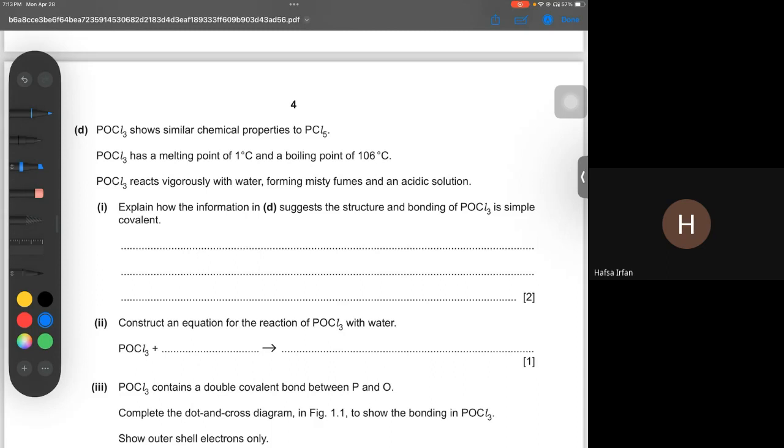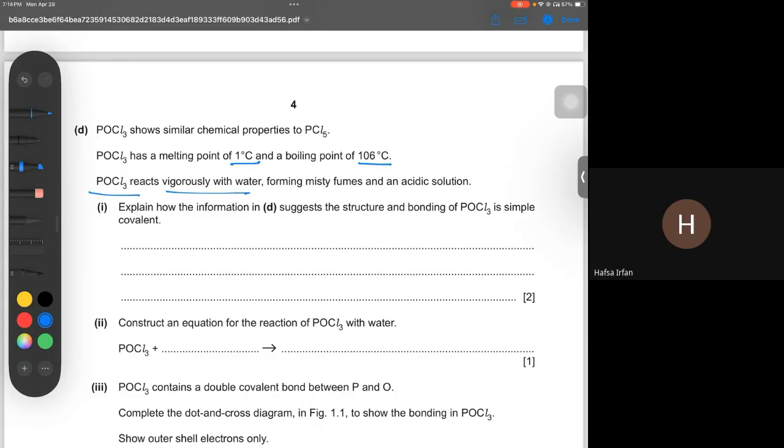It's a simple concept. They have given us a boiling point of 106 and a melting point of 1 degree Celsius. Of course, they are lower, due to weaker intermolecular forces. And they are saying POCl3 reacts vigorously with water, forming misty fumes and an acidic solution.